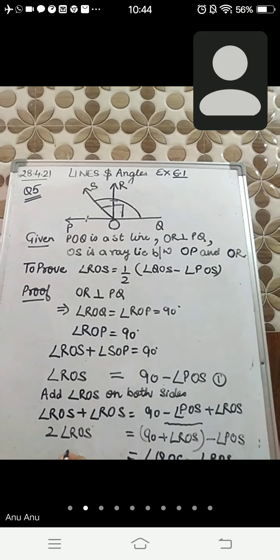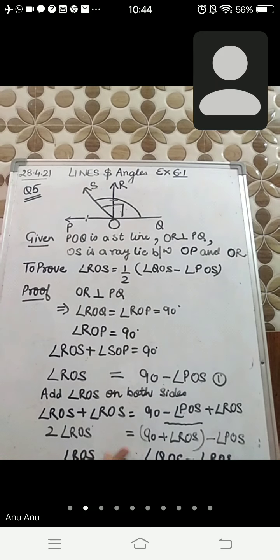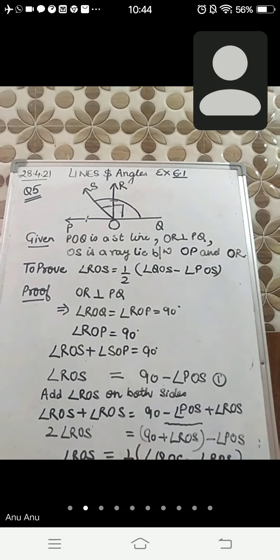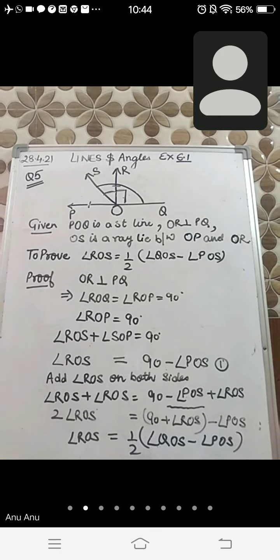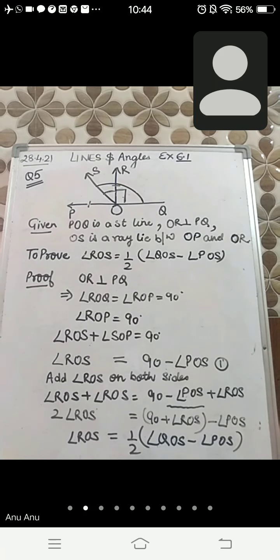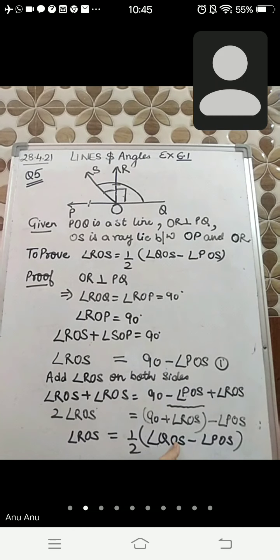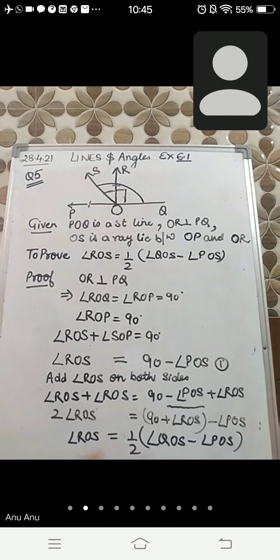So this is your ROS, and the half you will shift there. Wait. Is this clear, beta? I have written this term as QOS minus POS and I have shifted 2 there.